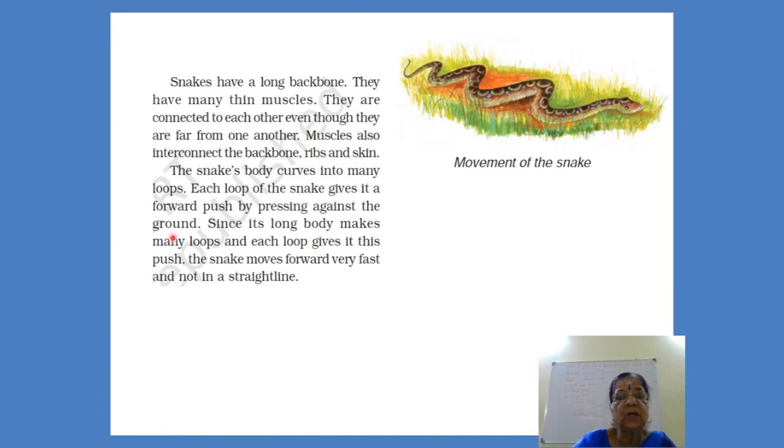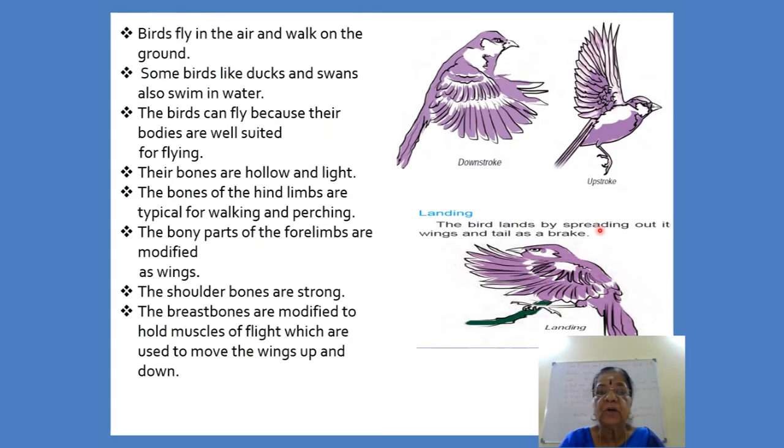This is called slithering. Since its long body makes many loops and each loop gives its push, it can move forward very fast and not in a straight line. So snake cannot move in a straight line. It can move only with forward push. Movement by loop formation. Okay. Then last, about the movement in birds.